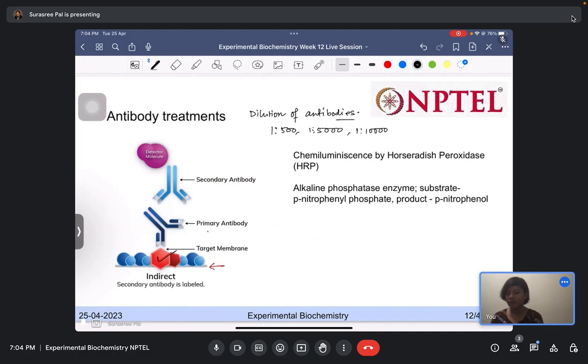So you can see this primary antibody binds to the antigen of our interest. Now after this primary antibody incubation is done, this primary antibody solution is taken out, and the membrane is again washed.